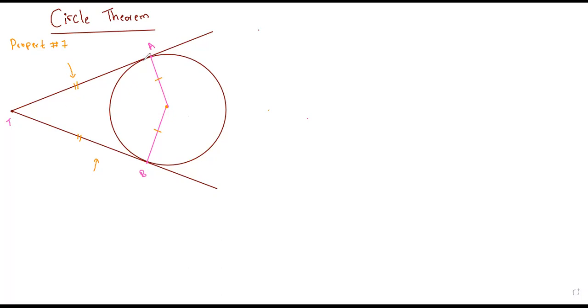Another thing we discussed yesterday as well is that the angle between the radius and the tangent is always 90 degrees. These properties are very important and you should know them.